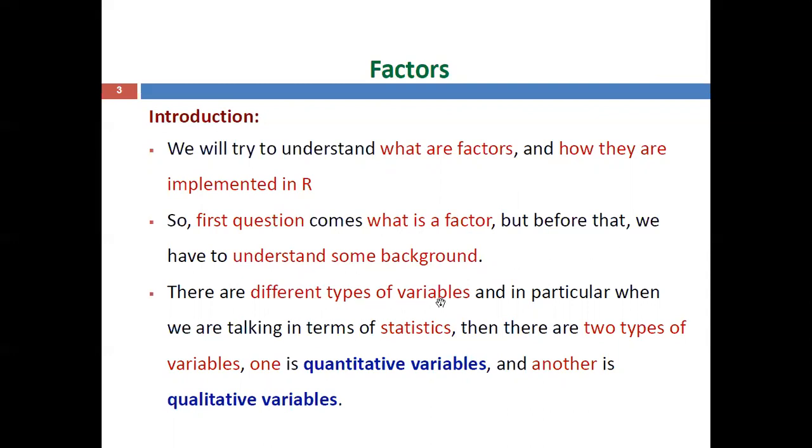There are different types of variables, and in particular, when we are talking in terms of statistics, there are two types of variables. One is quantitative variables and another one is qualitative variables. So first we have to know what a quantitative variable is and what a qualitative variable is.